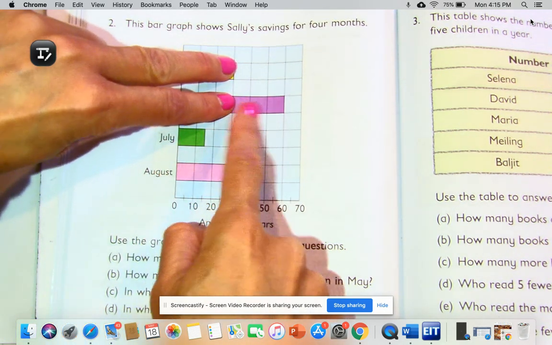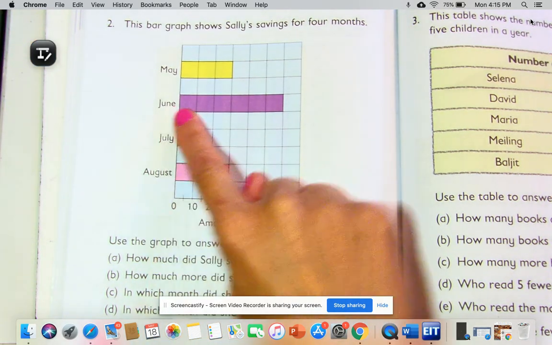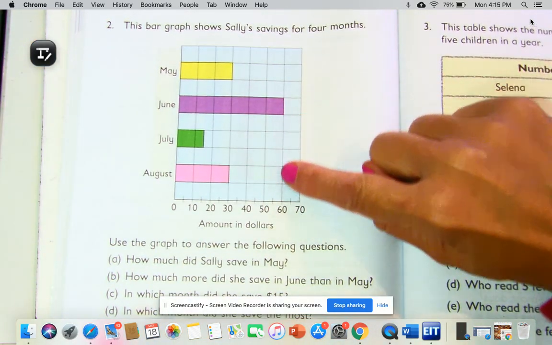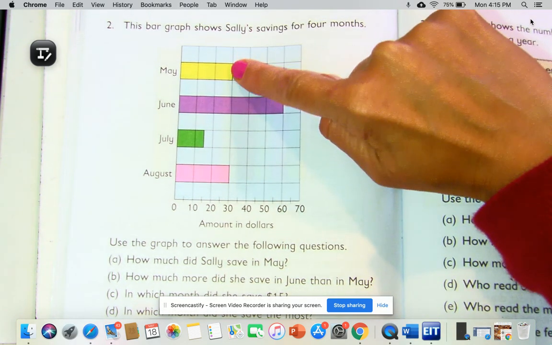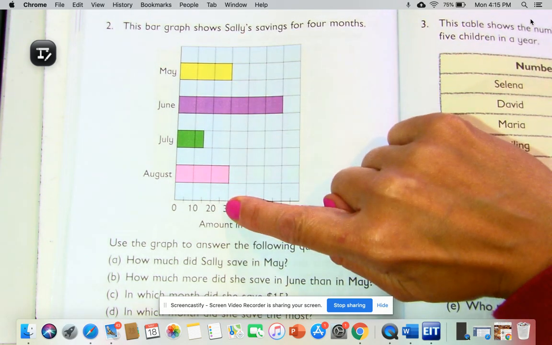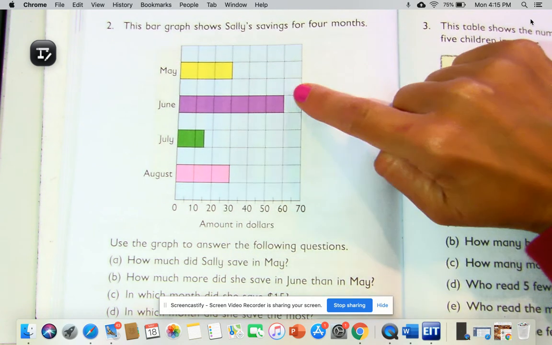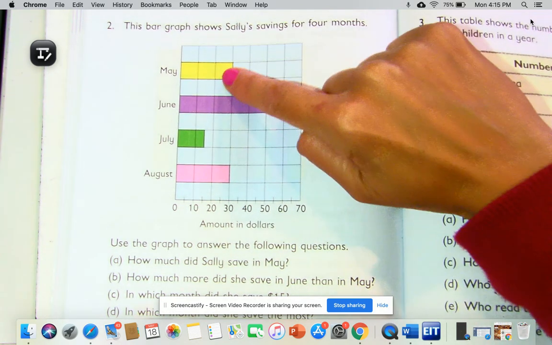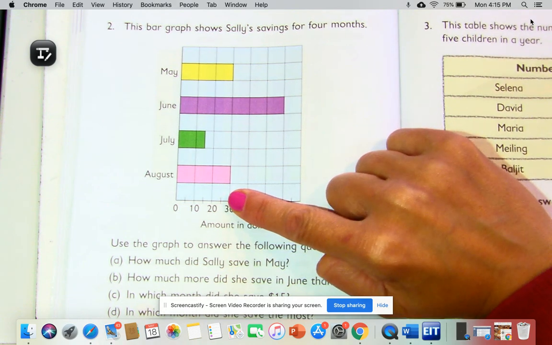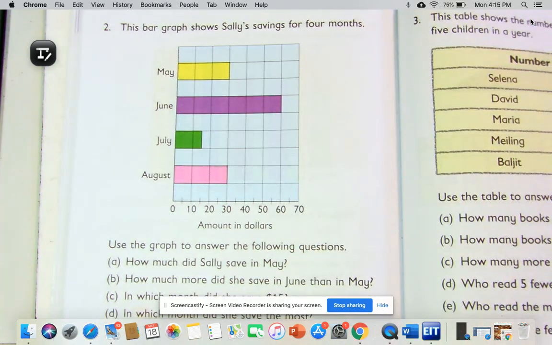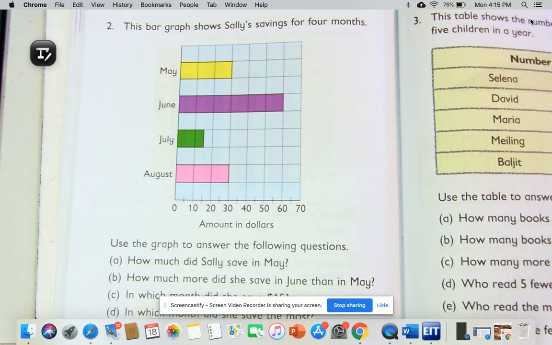Or I could figure out, well, I can see that in June she saved $60. And I know that in May she saved $30. So then I can subtract to find the difference. 60 minus 30 is 30. So she saved $30 more in June. Wonder what she was doing that helped her save that much money.